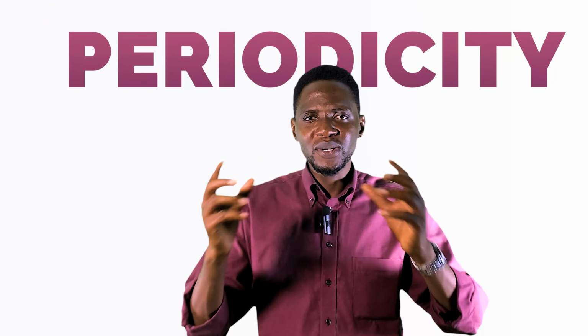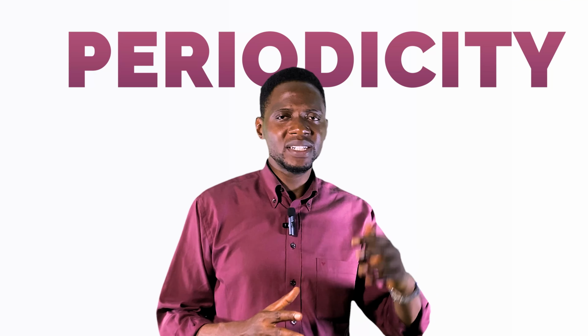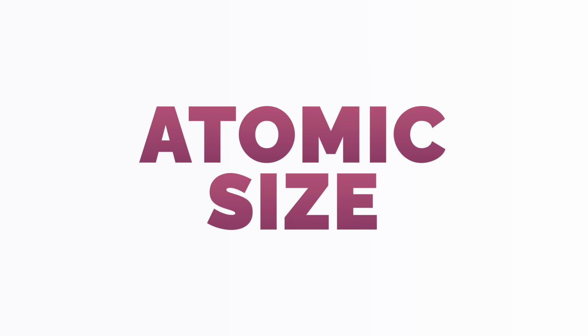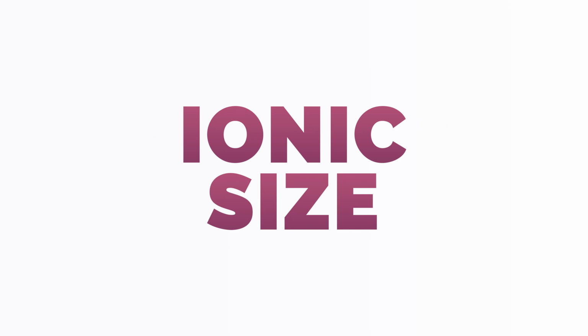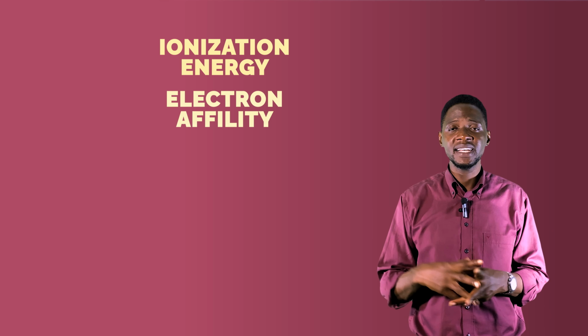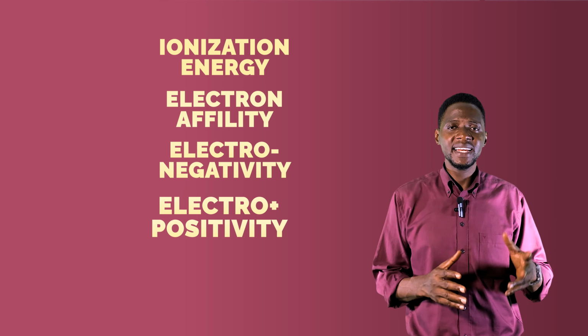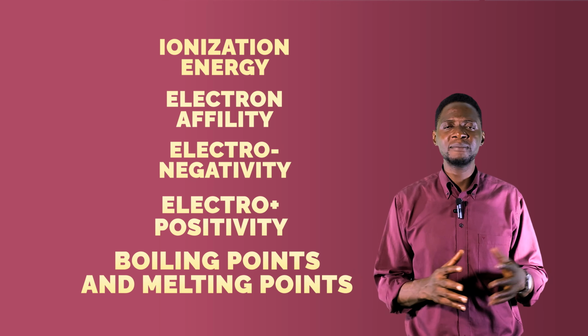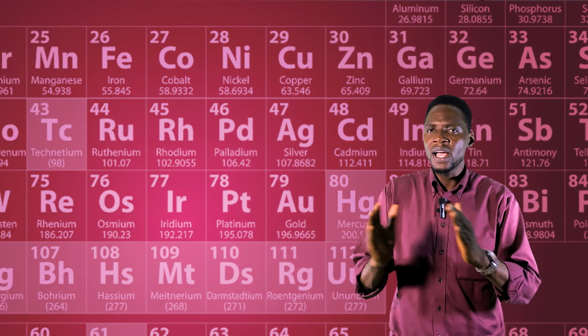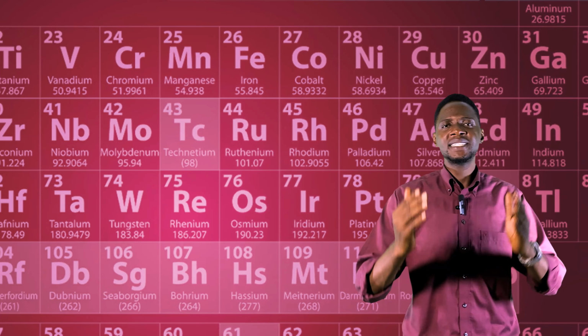We looked at periodicity. Not just the periodic table, we looked at periodic properties like atomic size, atomic radius, ionic size, ionic radius, ionization energy, electron affinity, electronegativity, electropositivity, boiling point and melting point. We look at their trends in the periodic table across the period and down the group.